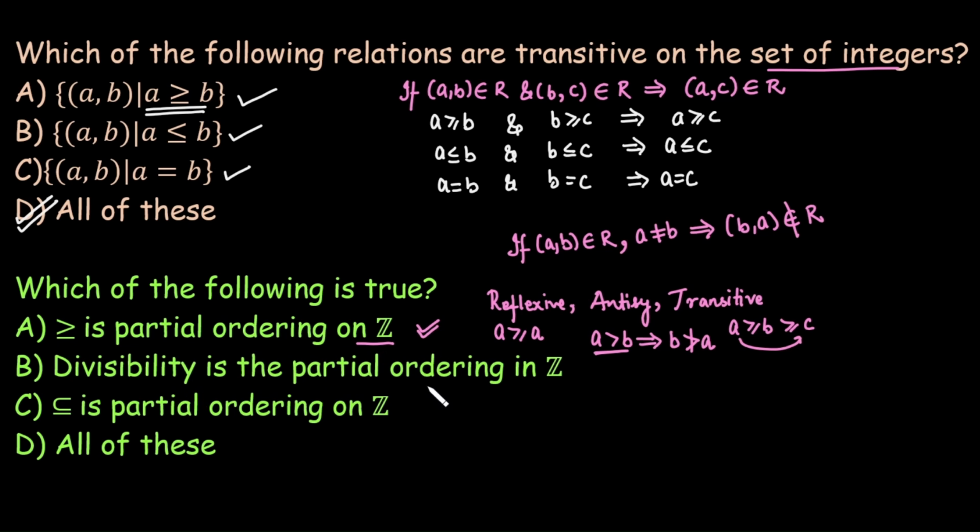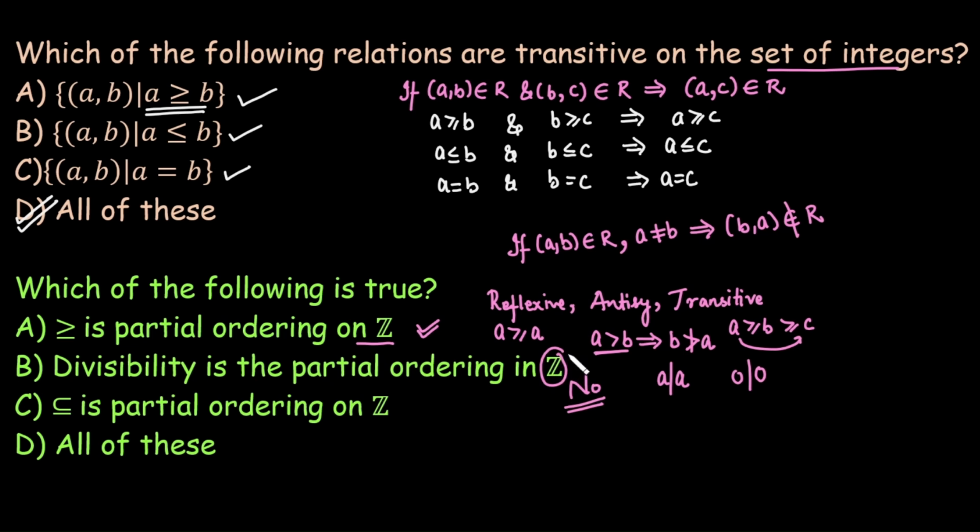What about divisibility? Is divisibility a partial order on the set of integers? No. Why not? Because it is not reflexive as well as not antisymmetric. Why is it not reflexive? Every element divides itself, yes, but except 0.